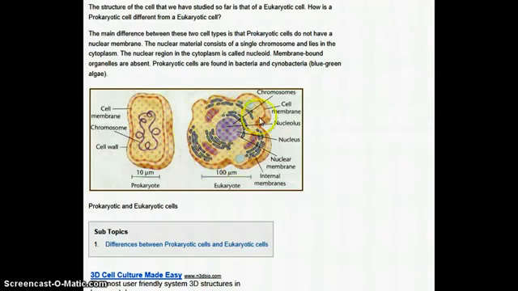If you guessed a eukaryotic cell, you would be absolutely correct. We have eukaryotic cells, of course, because we are the most complex kingdom, Animalia. Our cells do have a nucleus. They are larger than a prokaryotic cell, and our DNA and our genetic material is enclosed within a nuclear membrane.